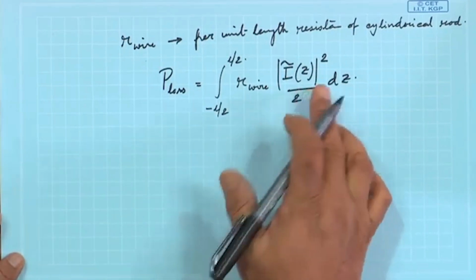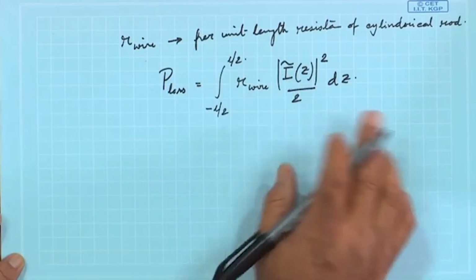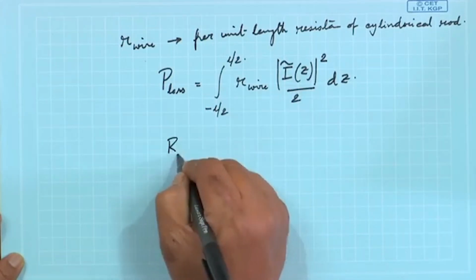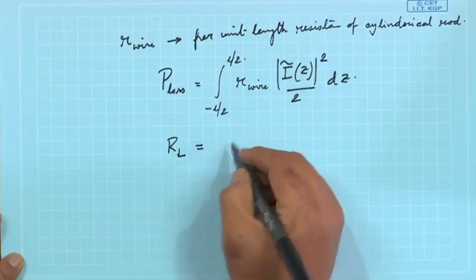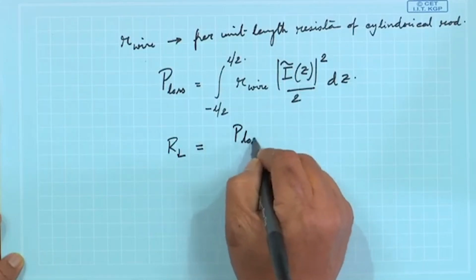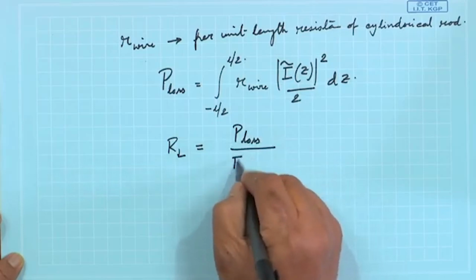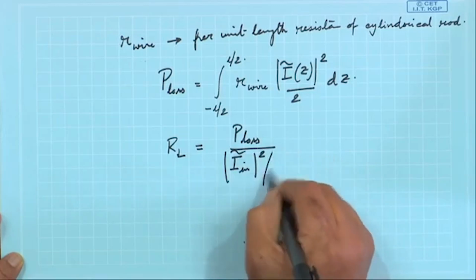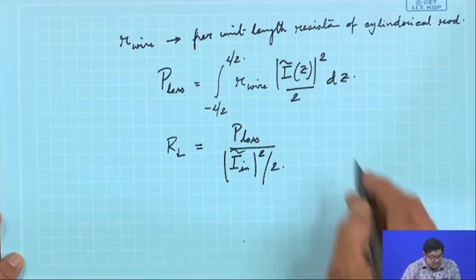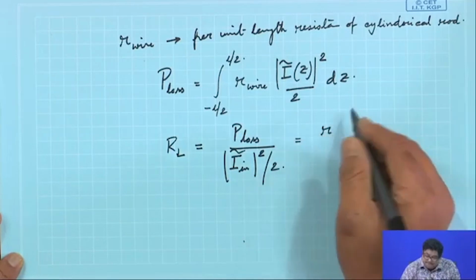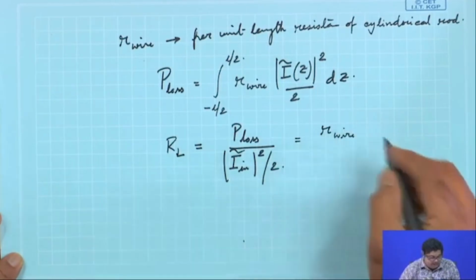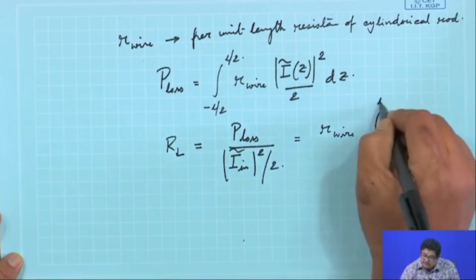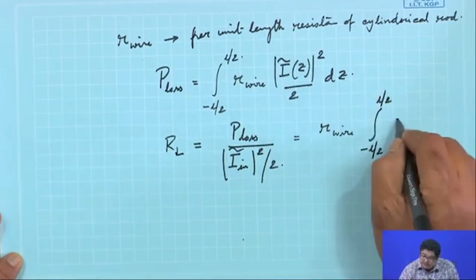Time average of a sinusoidal distribution is why we are taking half of I z square. So, from here I can say what our desired R loss is, that will be P loss divided by I in square by 2. R wire comes out of the integration, because it does not depend on the z variation. What depends is the current distribution.